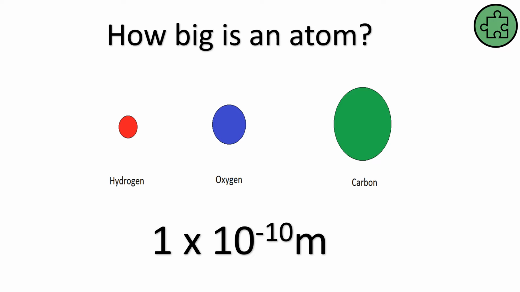The average size of an atom is 1 × 10 to the -10 meters. That's 1 nanometer. And that's the number you need to know. Write it down. The average size of an atom is 1 × 10 to the -10 meters. They're tiny.